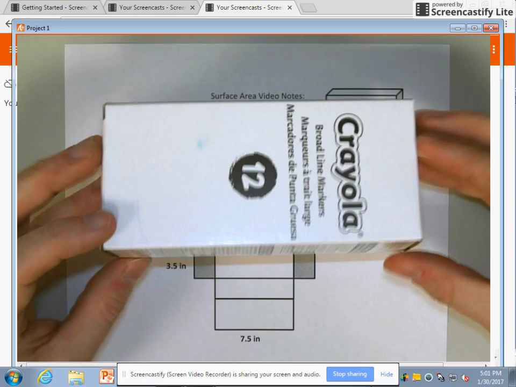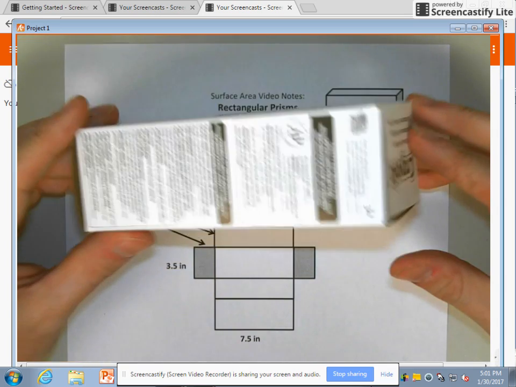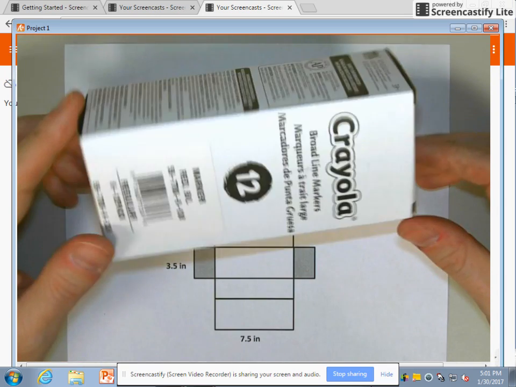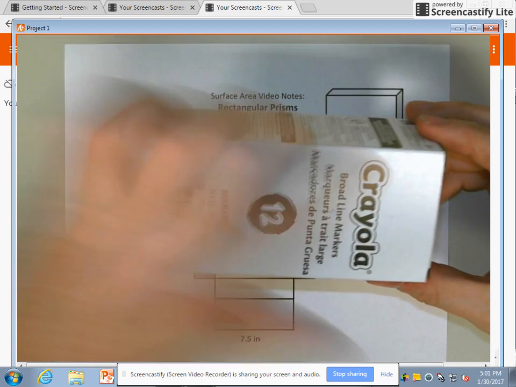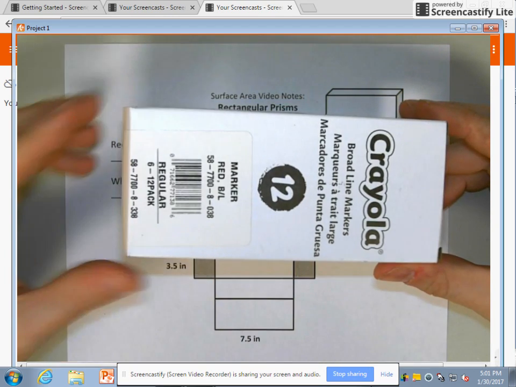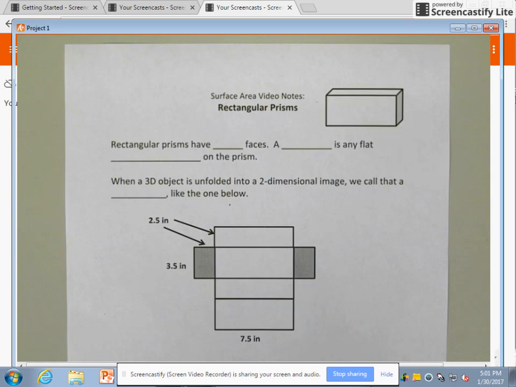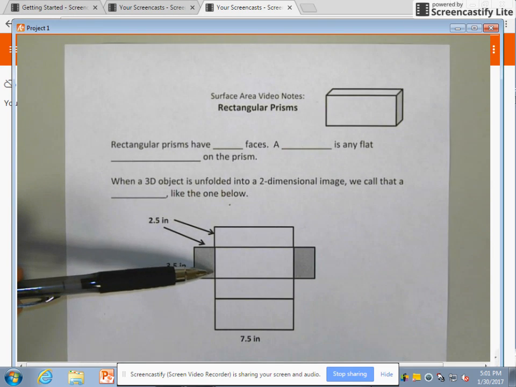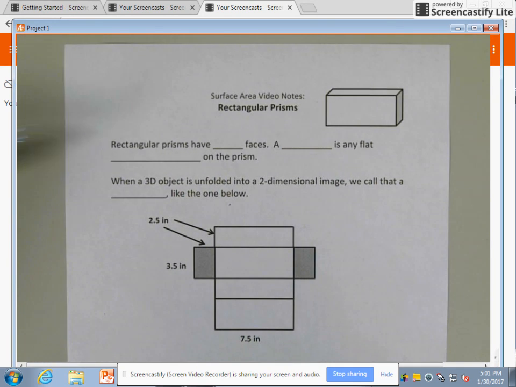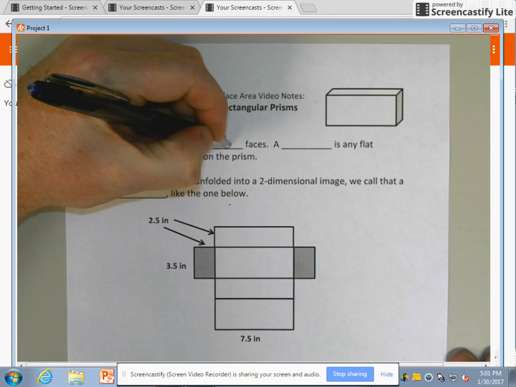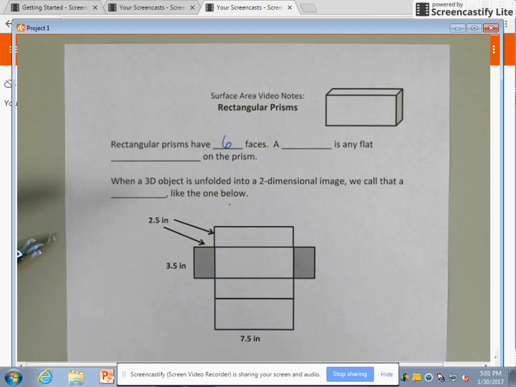Now, if we took this shape, this 3-dimensional object, and if we cut along the edges and we unwrapped it, what we have is something that you see here on the page. So a rectangular prism has 6 faces or 6 surfaces.